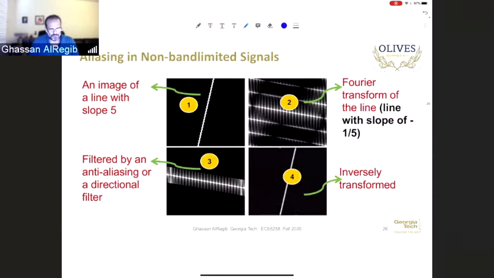From last lecture, when we talked about the Fourier transform properties, we know that if we apply a Fourier transform, what we expect is a line with a slope of -1/5, which is what we have on the right-hand side here. So we have this line.